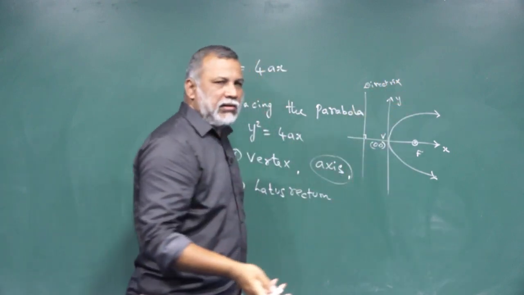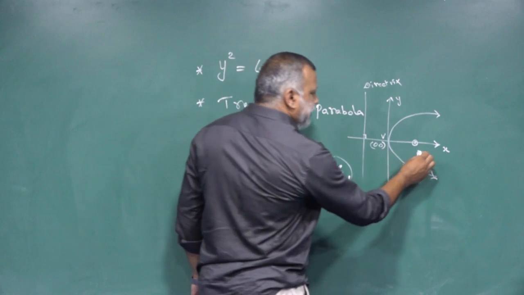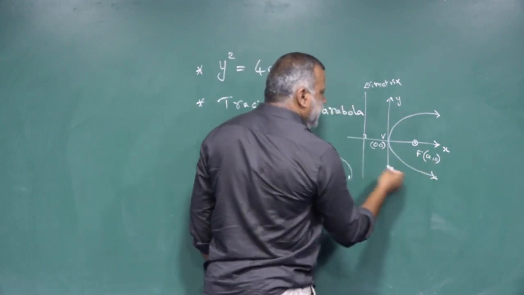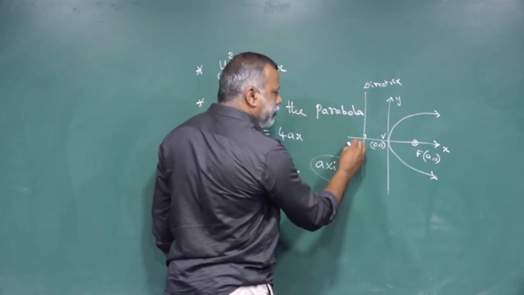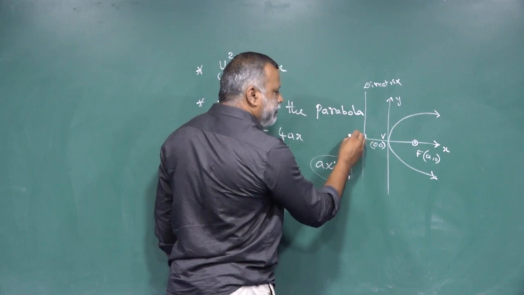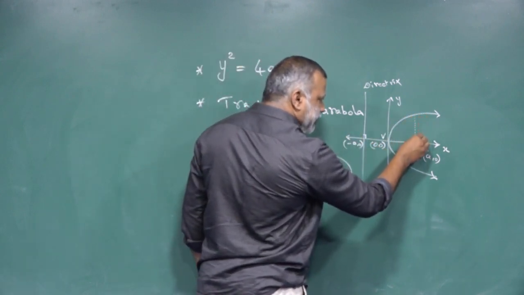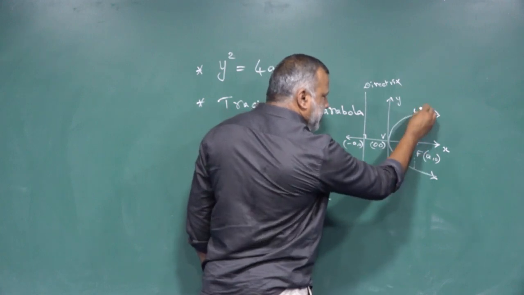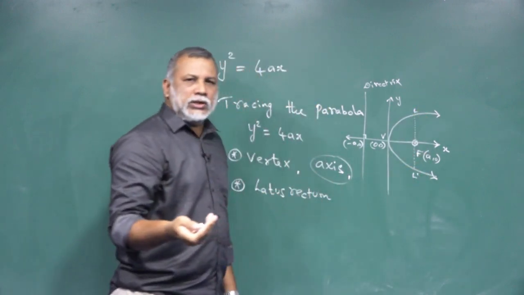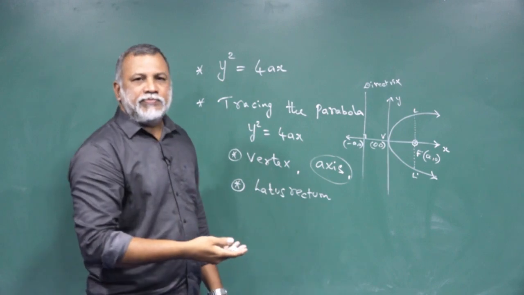So far we discussed all the concepts. Focus is a fixed point (a, 0). Directrix is passing through the point (minus a, 0). What is the meaning of latus rectum?